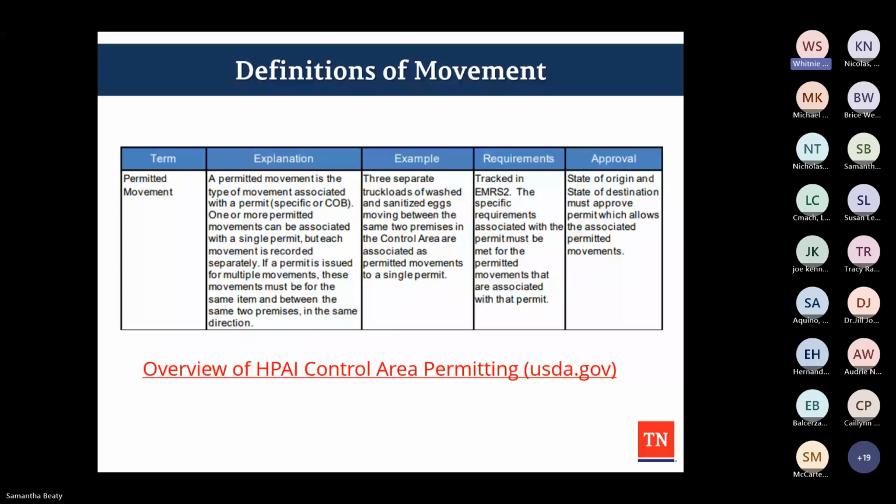We could do one permit for that movement, but you would still document every single individual movement. And that would all get tracked in the EMERS database. That just helps us keep track of everything. Again, why it's so important to have that person designated to oversee it on the company or the farm side, because they would need to be updating that fairly frequently, almost in real time for all of those movements.